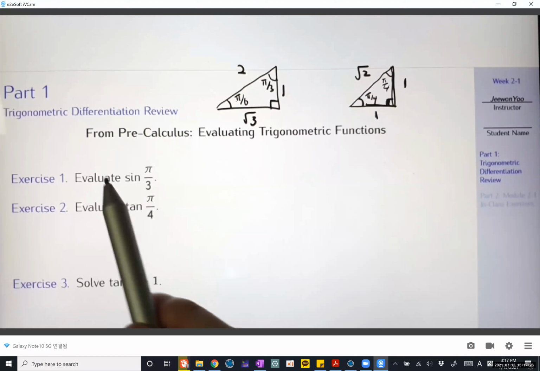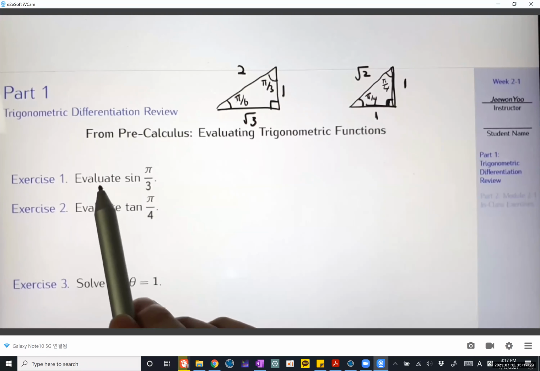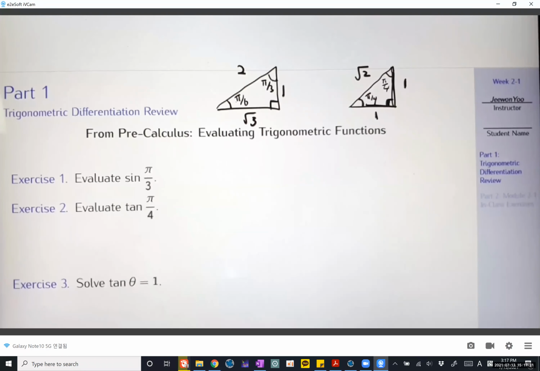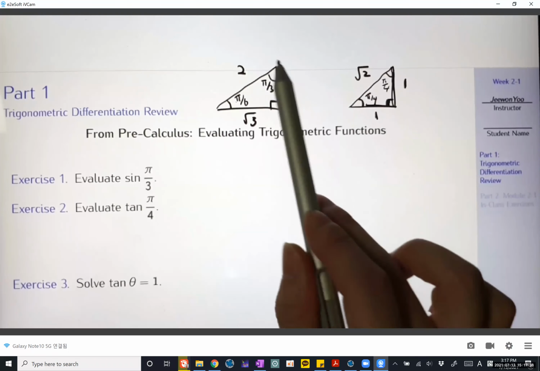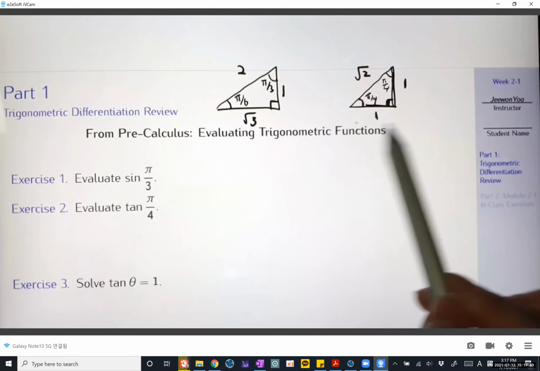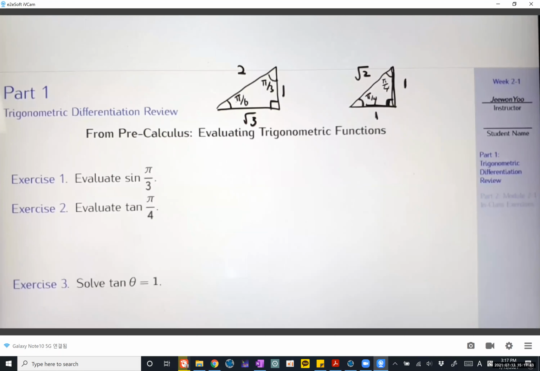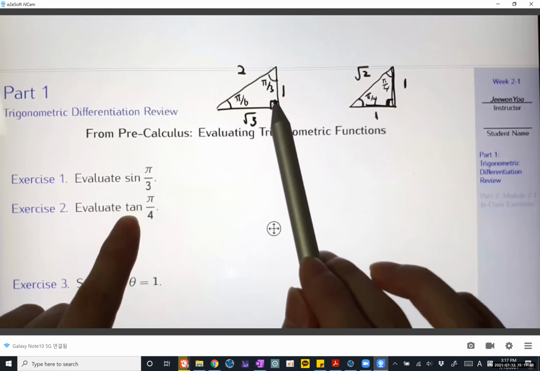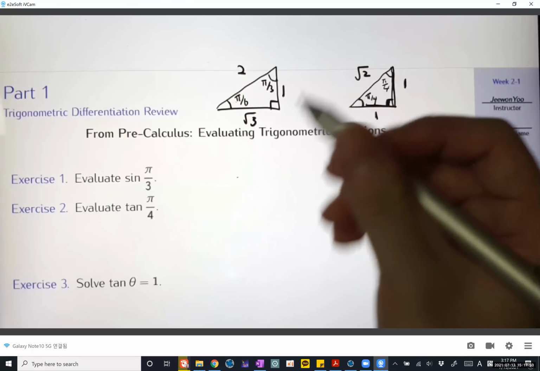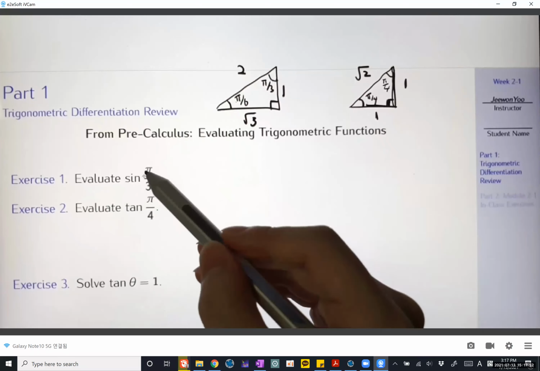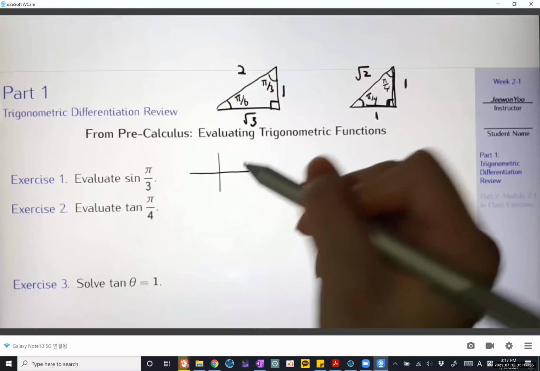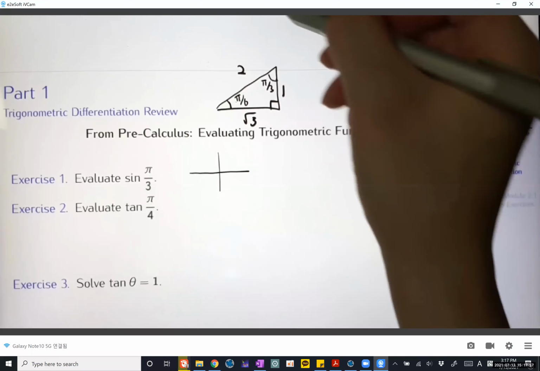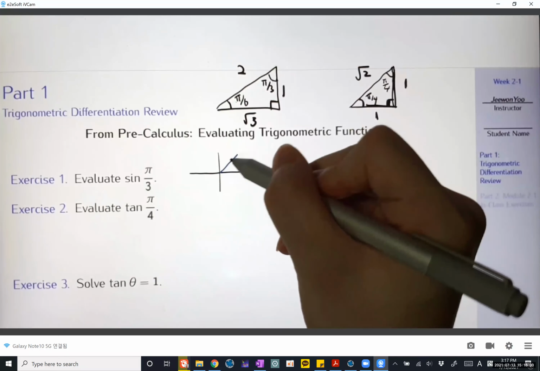Now, if you want to evaluate sine of pi over 3, like the ratio, would you like to use the type 1 special triangle or the type 2 special triangle to find the answer? Thank you, James. We have to use type 1 because, take a look. Pi over 3 in terms of the x-axis and y-axis, the terminal arm lives here.